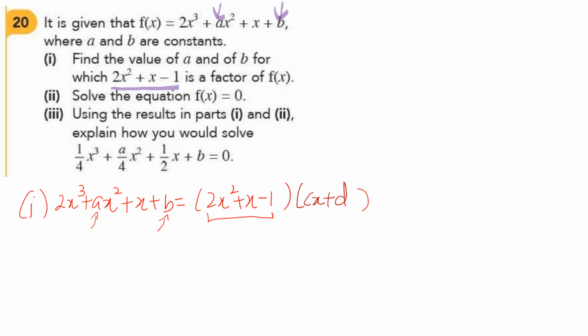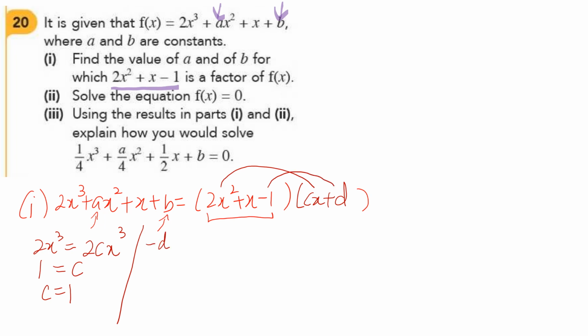The first term is usually the easiest to find. You can just take this term, so 2x cubed equals 2cx cubed. Divide by 2x cubed on both sides: 1 equals c, so c equals 1. Then the last one will be just negative 1 times d. So negative d equals unknown b. Oh no, we can't do it this way, right? Can you see we can't do it this way?